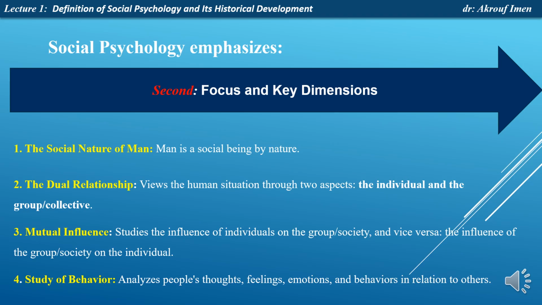Three, mutual influence studies the influence of individuals on the group, society, and vice versa, the influence of the group, society, on the individual. Four, study of behavior analyzes people through feelings, emotions, and behaviors in relation to others.